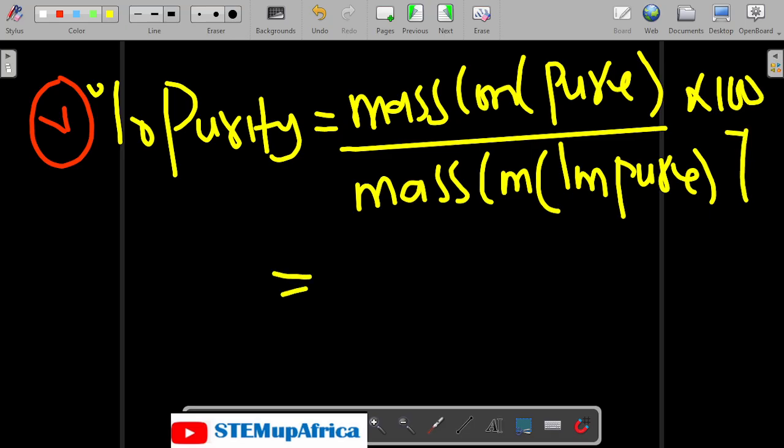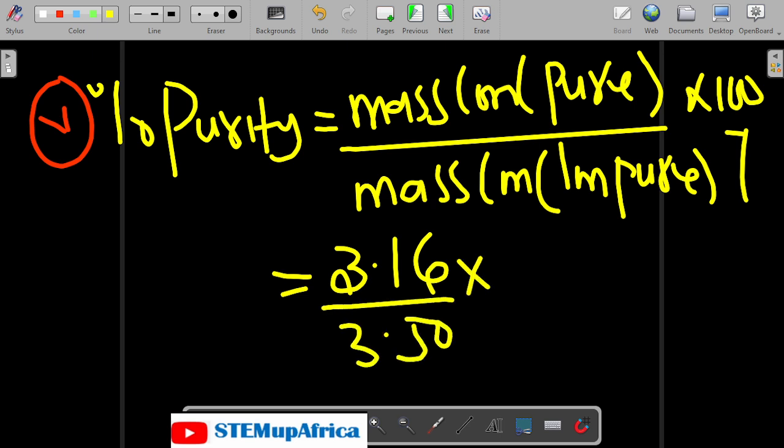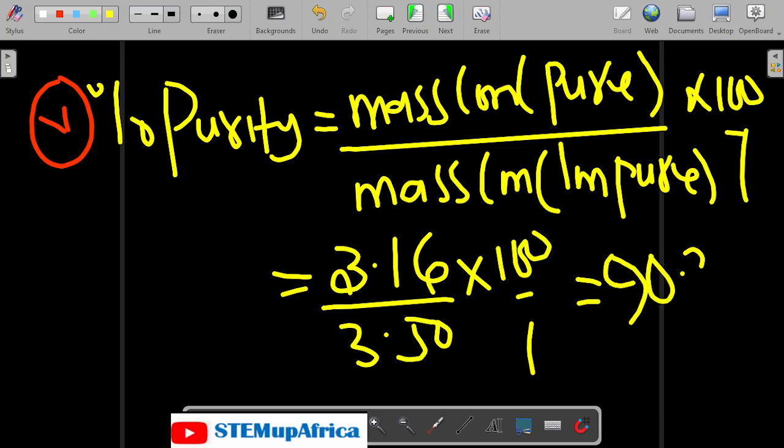The pure calculated is 3.16, the impure 3.50. So 3.16 times 100 divided by 3.5 will give us 90.3%. So this is the whole solution to question 1.